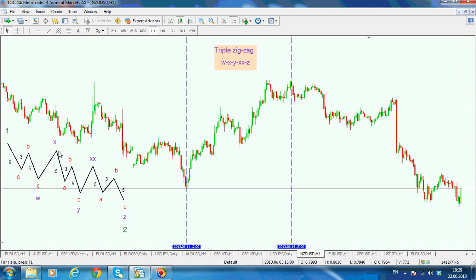So there are 3 different and distinct zigzags for the triple zigzag to form. Now the X and the XX waves, the intervening or connecting X waves, should come in the form of an ABC, and these ABCs should be 3 waves of this degree.